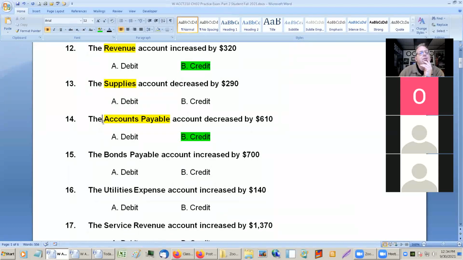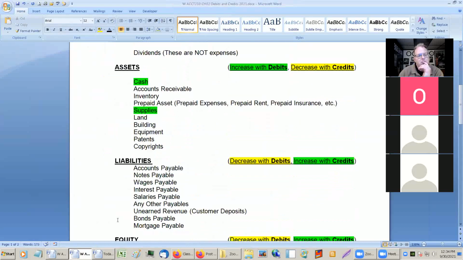Bonds payable. Increase. Debit. Yeah, it would be credit. So bonds payable increase is a credit.